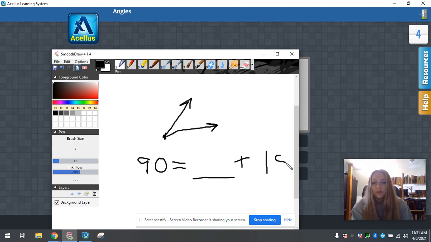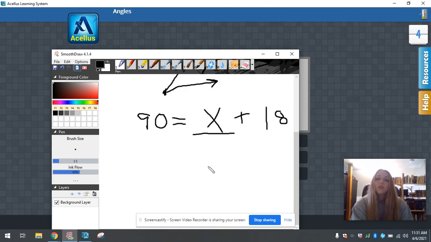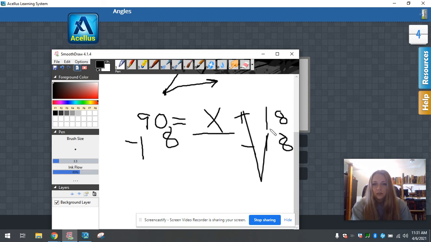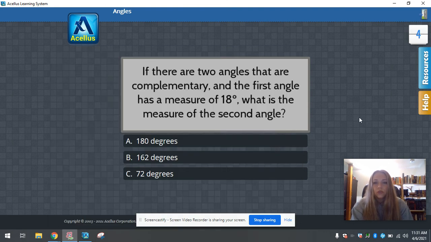So we're solving for a variable here. Let's just plop an x there. So to solve for this x, we undo what's been done to it, or get rid of what's attached to it on the same side of the equation. If I do that, that cancels out. I'm left with x equals 90 minus 18, which is 72. So it'll be 72 degrees.